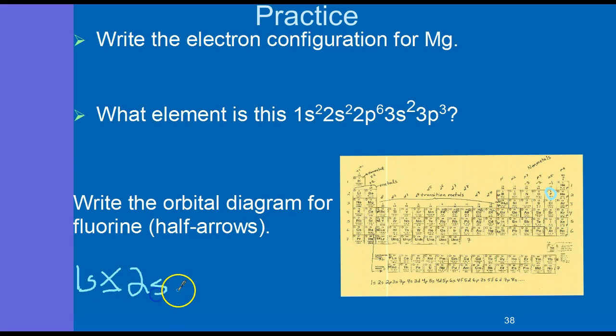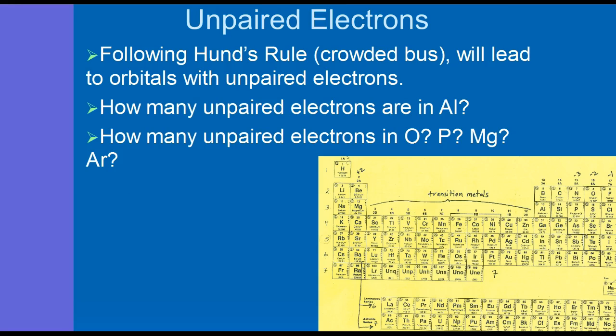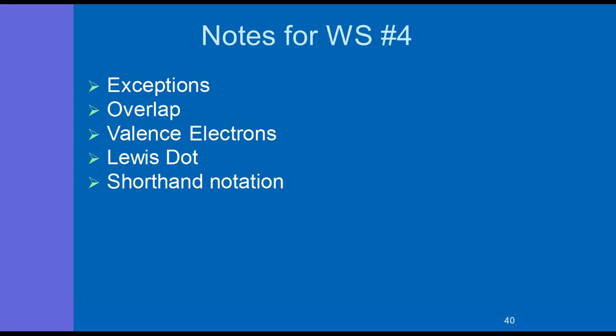We're going to have a 2s with a line, because s just has one line. And then after 2s comes 2p, and we're going to have 1, 2, 3 lines, and it is filled up to 5. So 1, 2, 3, 4, 5. So p has one unpaired electron. I mean, fluorine does. That's what we were just talking about, the unpaired electrons.